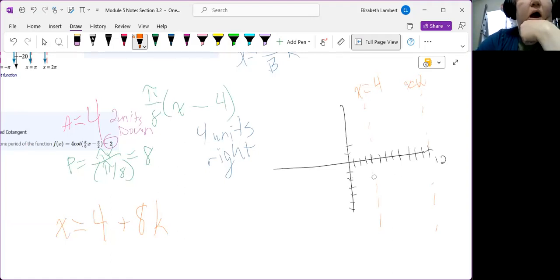Now our halfway mark, halfway between 4 and 12 is 8. And then remember, in the first region of the graph between the asymptote and the 0 point, the graph is going to be coming from infinity to go to 0. So we know it's going to go that way.